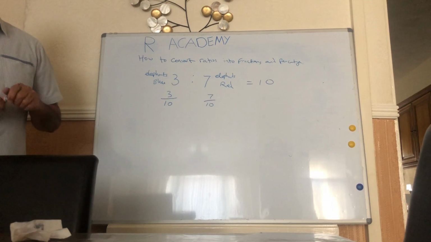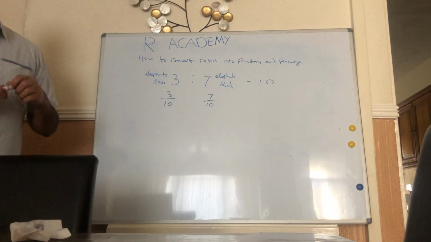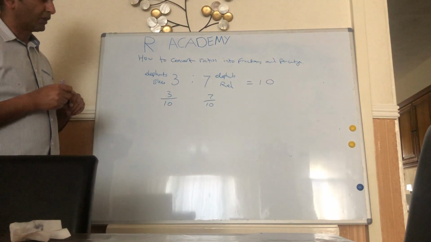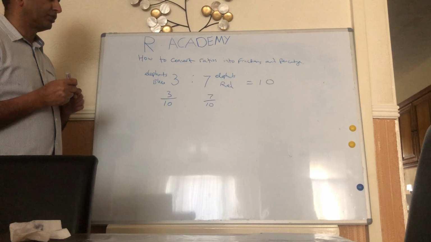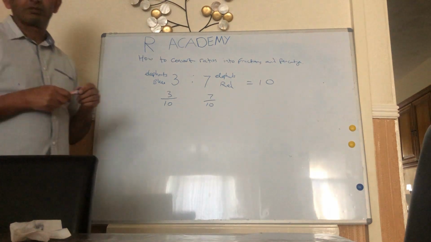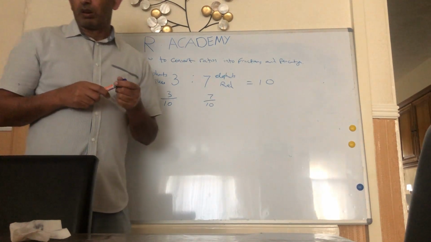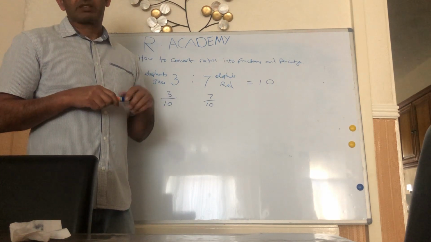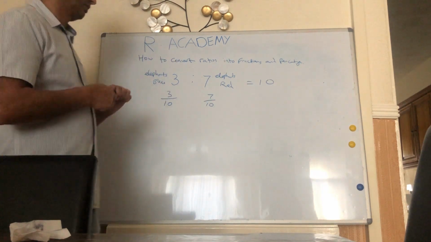So if we were to show a representation of what the fraction is in terms of a percentage, then we'd have to represent it as being out of a scale of 100.